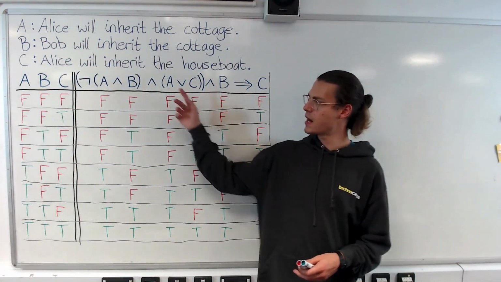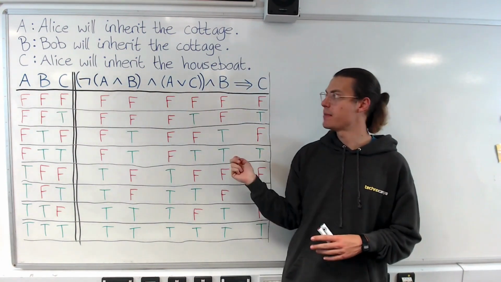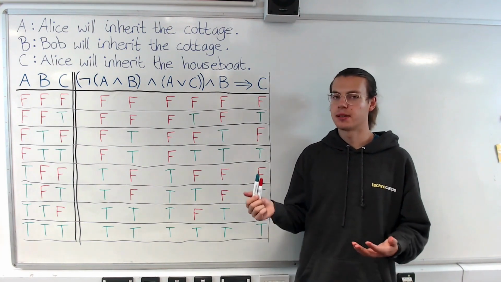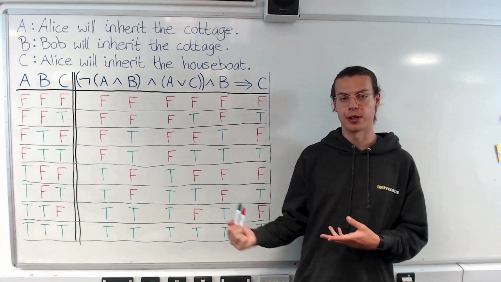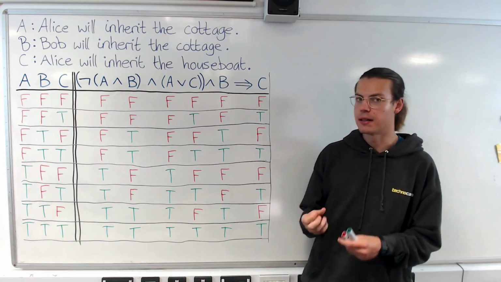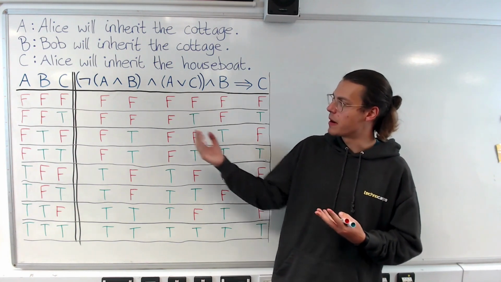Make sure that every A column is the same, every B column is the same, and every C column is the same. Now we can start to look at some of the logical operators. We need to start with the most tightly binding operators. So we're looking in the innermost parentheses.